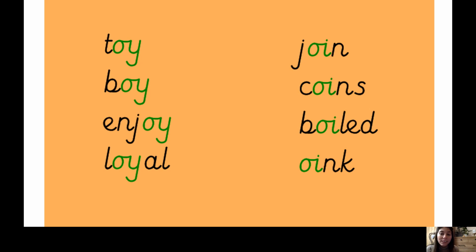One thing I noticed is that the O and the Y seems to be used an awful lot at the end of the word. Then the O and the I seems to be used a lot in the middle of the words. I wonder if this is important and useful information. Did you find the same things too? I thought you might have. I know you're all fantastic noticing bush babies.